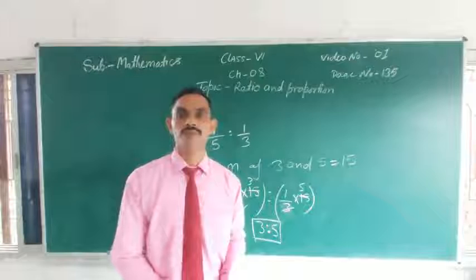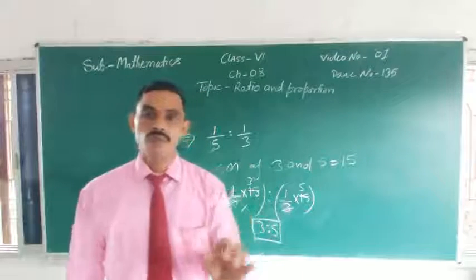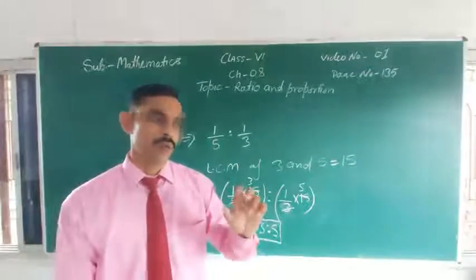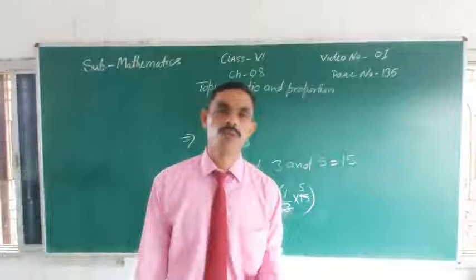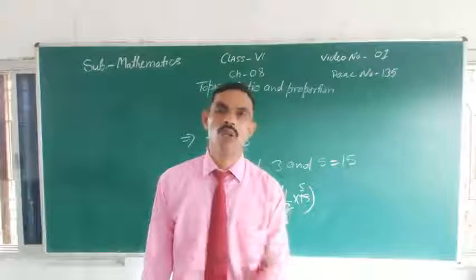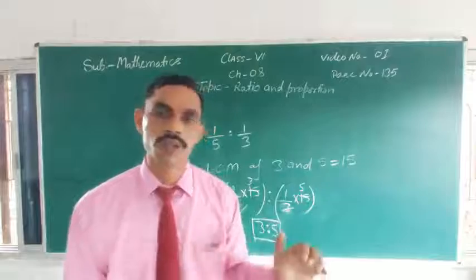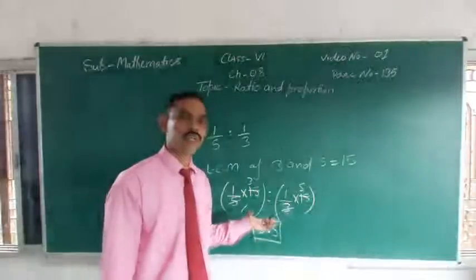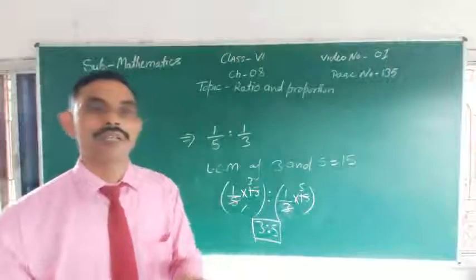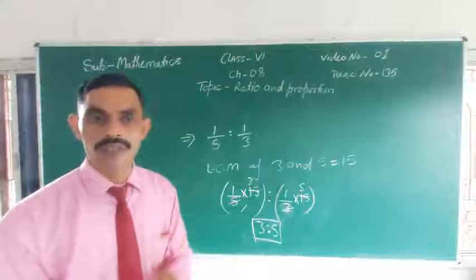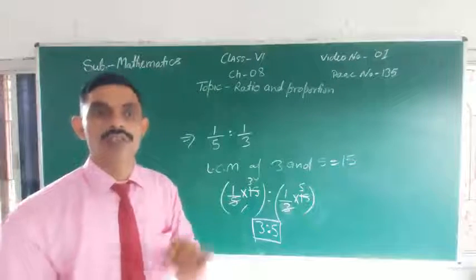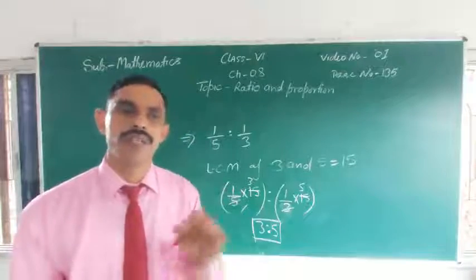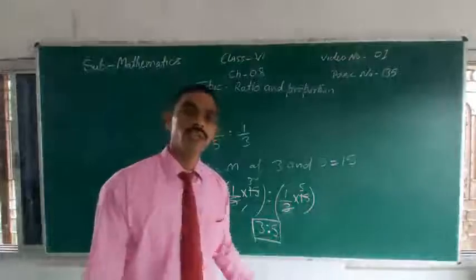Fourth, we can multiply or divide both terms of a ratio by the same non-zero number, and the ratio will not change. And fifth, if the terms of a ratio are fractions, we multiply each term by the LCM of their denominators. We will get finally the ratio.